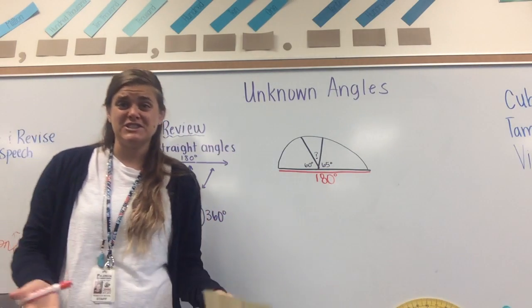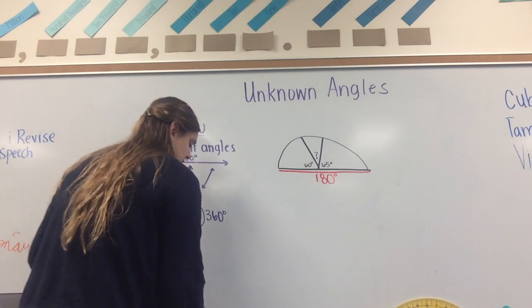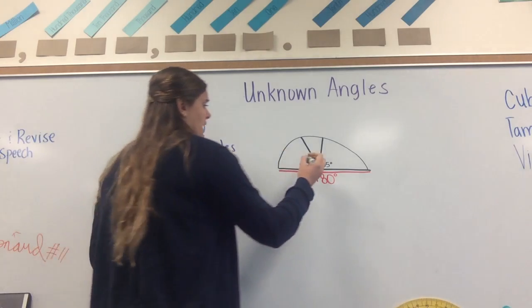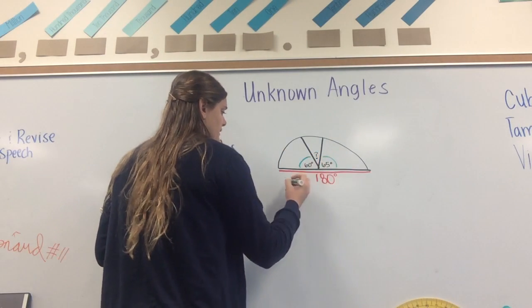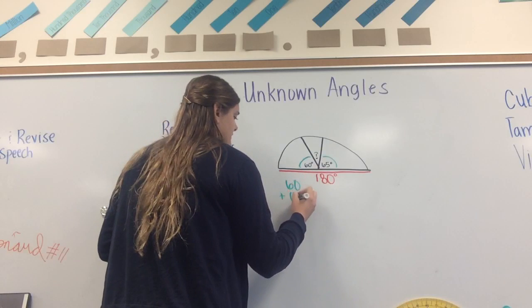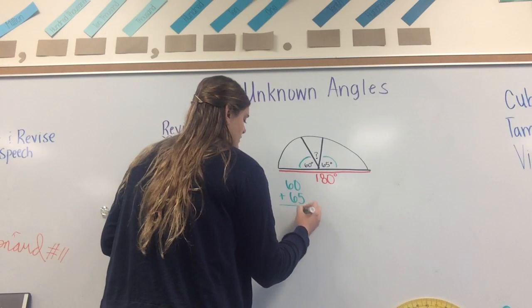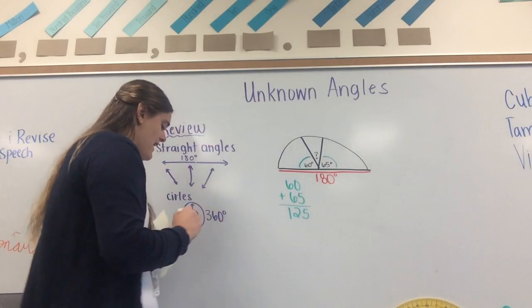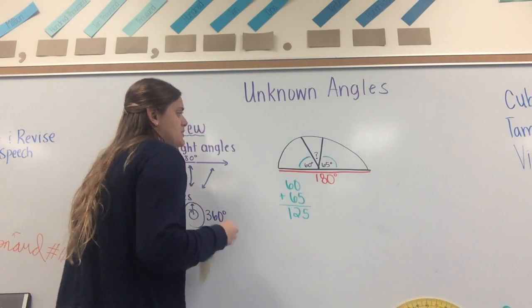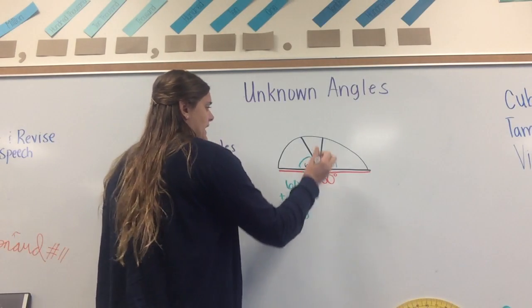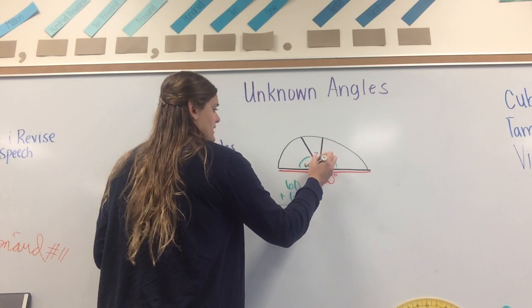But for this one, I'm going to have to do a couple more steps. I'm going to have to add these two angles together. 60 plus 65, which would get me 125. And then I'm going to have to subtract it from 180 to get the measure of this angle here.